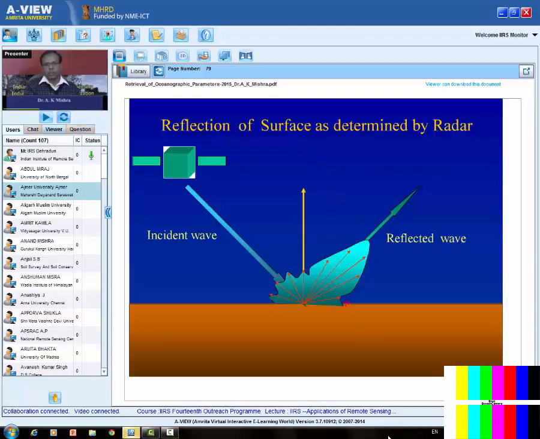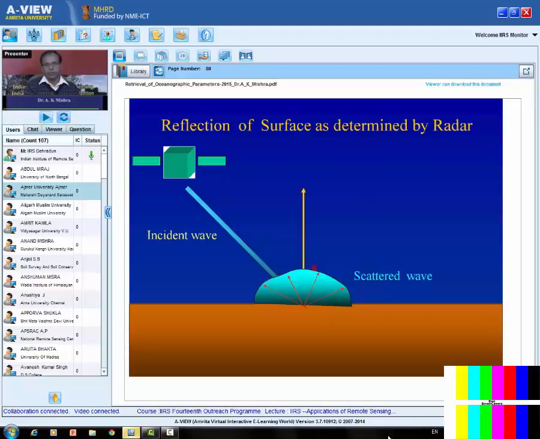But if the sea surface is a little bit rough, then some amount of backscattered energy will come back to the radar antenna. So it will increase the brightness of the image. And if totally rough, isotropic scattering will occur in all directions.